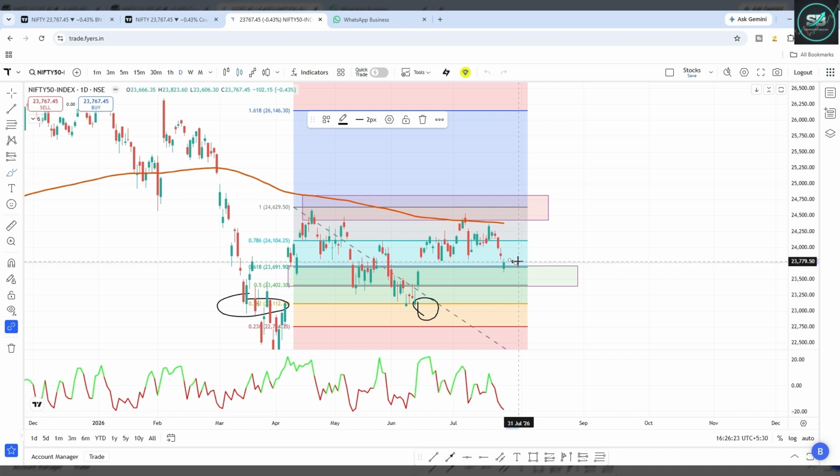Tuesday we have monthly expiry. On Tuesday, price might again go and test the 24,100 zone, and my expectation is that price should go and test the 24,160 to 200 zone by Tuesday.